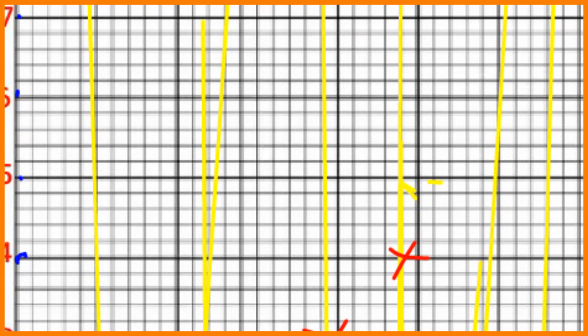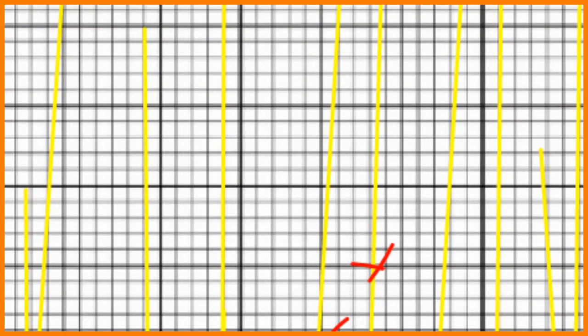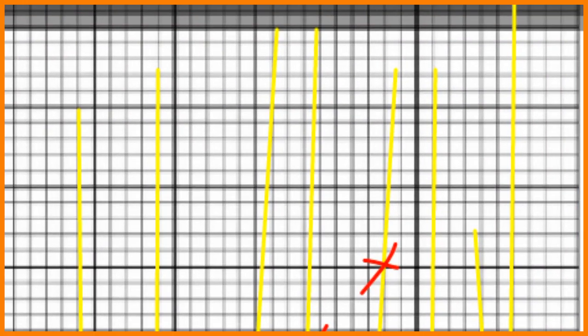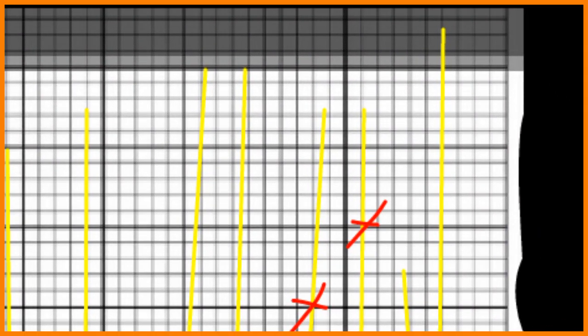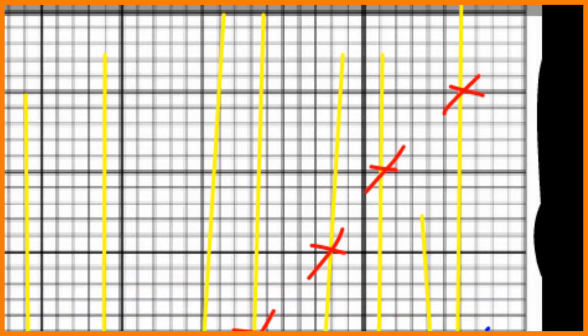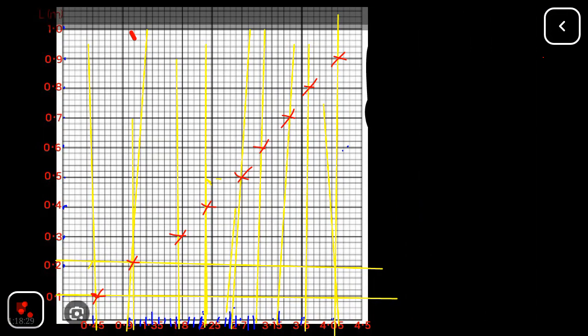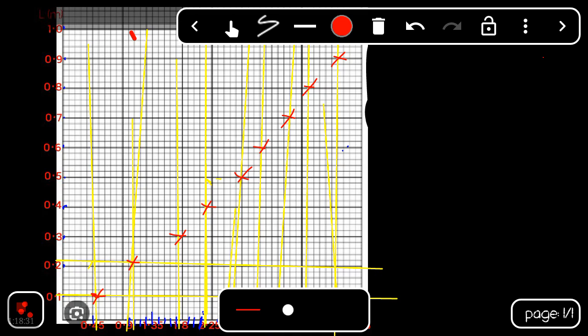Remember, the thing is shocking us. Some of them are wrong, but we're going to monitor it. So you can see how the graph looks like.